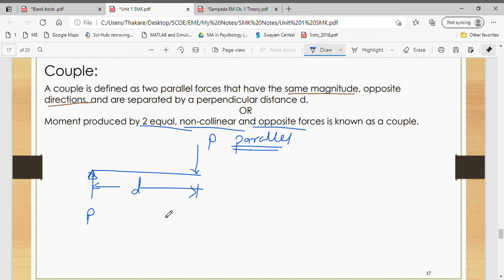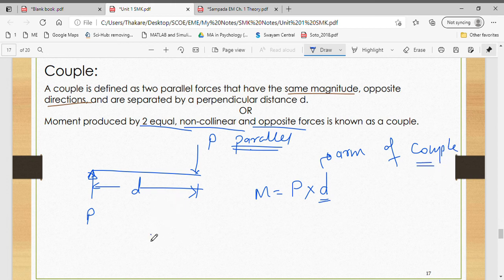The moment of a couple will be mathematically defined as the magnitude of the force into the distance between them. This is d. This d is called the arm of the couple.